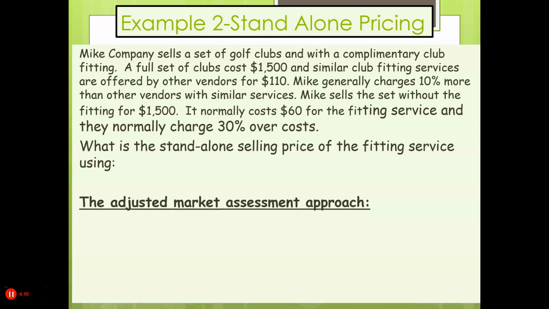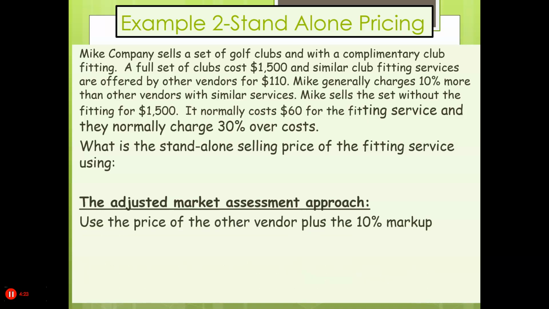Mike sells a set without the fittings for $1,500. It normally costs $60 for the fitting service, and they normally charge 30% over cost. So, how do we do the adjusted market approach? We use the price of the other vendors plus 10% markup because we charge 10% more than other vendors.